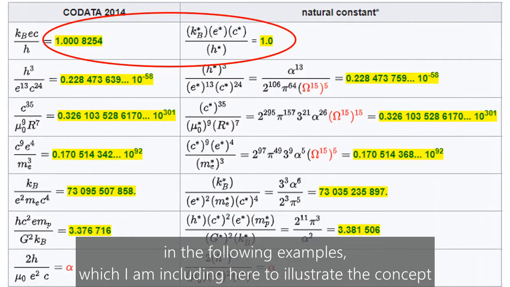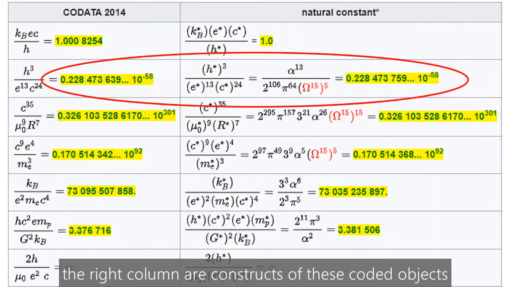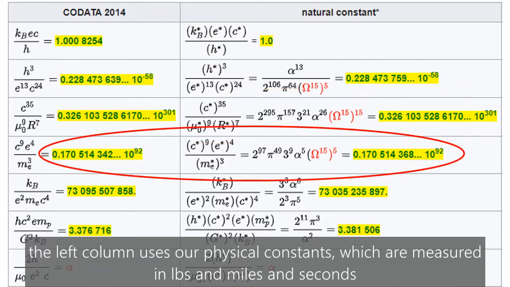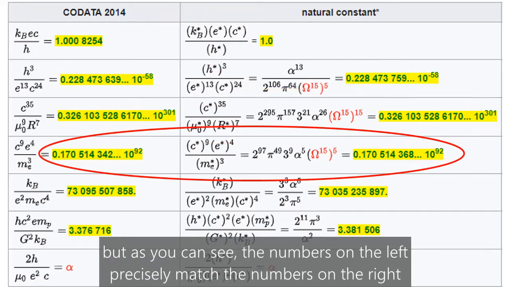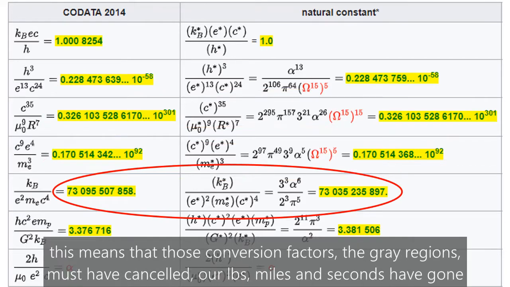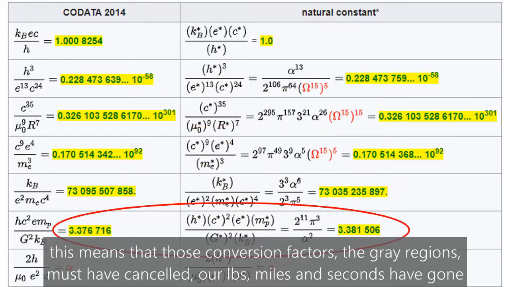In the following examples, which I'm including here to illustrate the concept, the right column are constructs of these coded objects. The left column uses our physical constants, which are measured in pounds and miles and seconds. But as you can see, the numbers on the left precisely match the numbers on the right. This means that those conversion factors, those gray regions, must have cancelled.